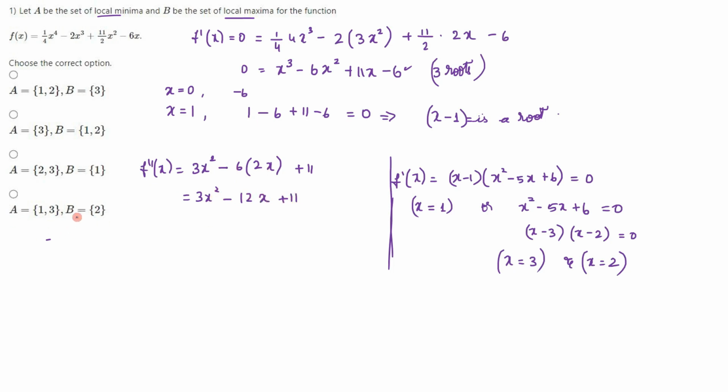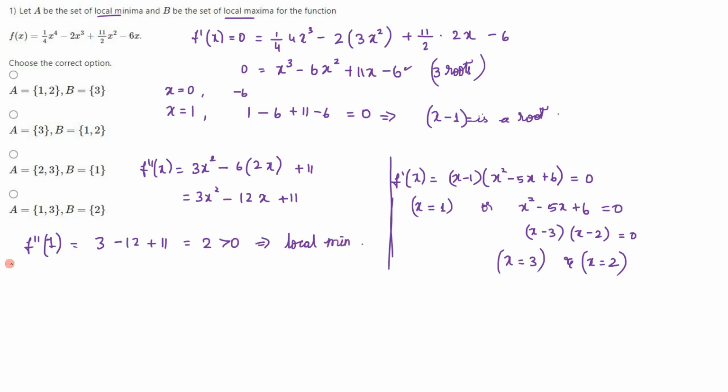Now we have to substitute all these critical points in f double dash of x. For the first critical point, 1, f double dash of 1 is 3 minus 12 plus 11. So 14 minus 12 is 2. It is greater than 0, which means that this is a local minimum.